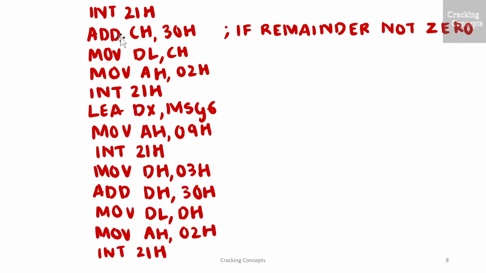For that, I have the remainder at CH, which is added with 30H to convert it into an ASCII character, and that's displayed on the screen using the function code 02H. Similarly, I will also print the divisor, which is 03H. 30 is added to it to convert it into ASCII and print it using the code 02H, and we exit from the program.